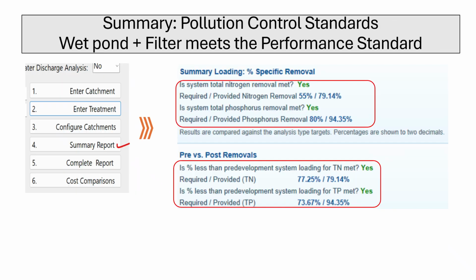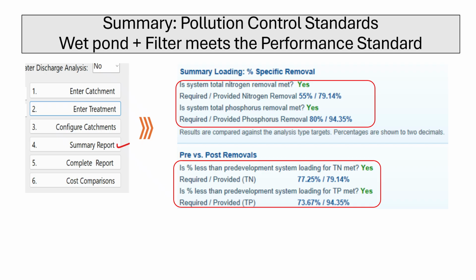This slide provides a summary of our findings, much like a report generated for permit compliance or as a learning exercise. Our analysis shows that the combination of a wet pond and filter media successfully meets the required performance standards. In a detailed report, you would typically see a clear yes response indicating this compliance.